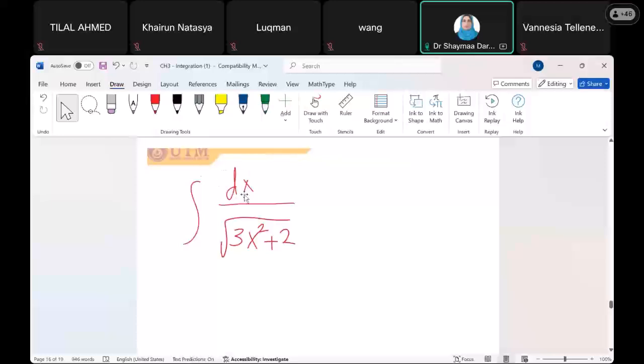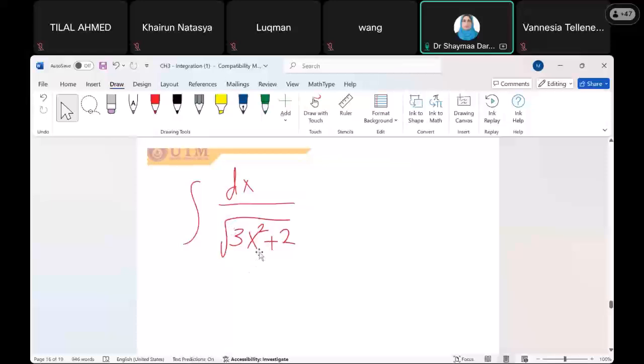Here you have a constant, here you have a quadratic, especially if you don't have x. This is a formula. If you have x, you need to complete the square first.